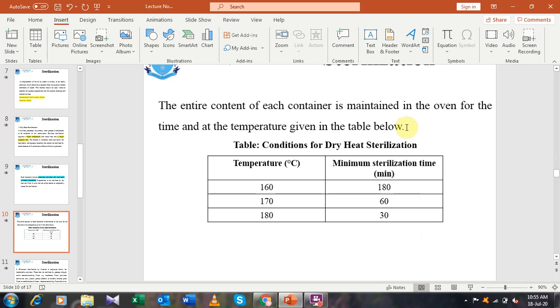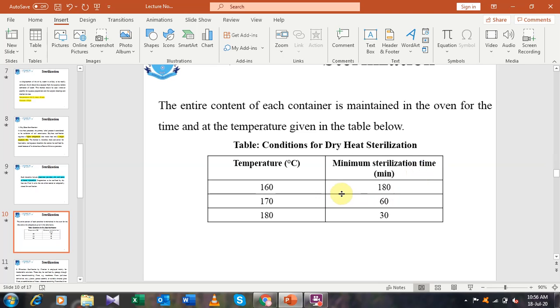Attention please for this one. The entire content of each container, whether closed, temporarily closed or sealed, is maintained in the oven for the time and the temperature given in the table below.